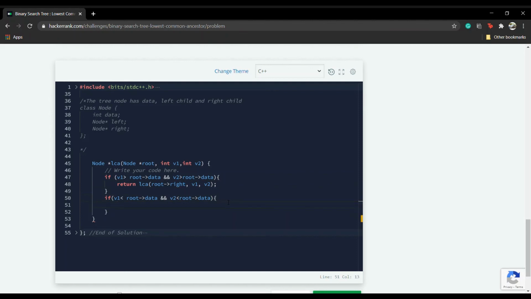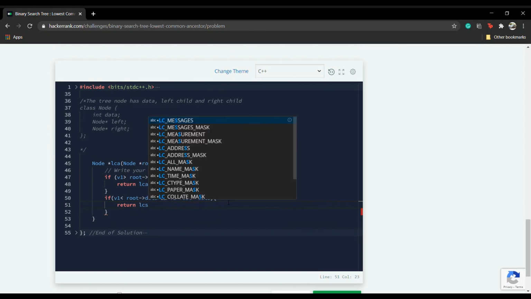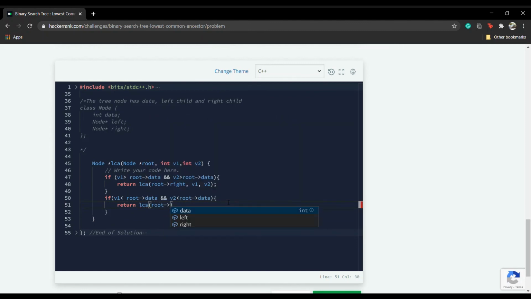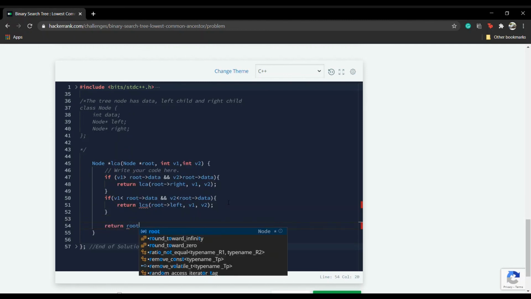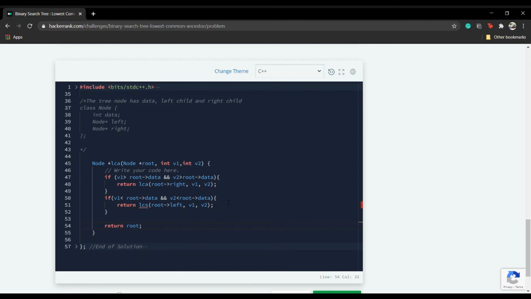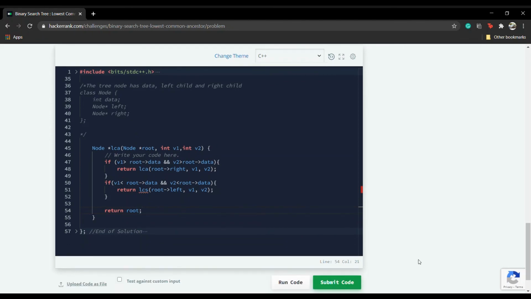Now, if it is lesser, then it'll move to the left side of the BST. Root left, V1, V2. And if none of these two conditions are satisfied, then we can say return root. So I hope this runs.